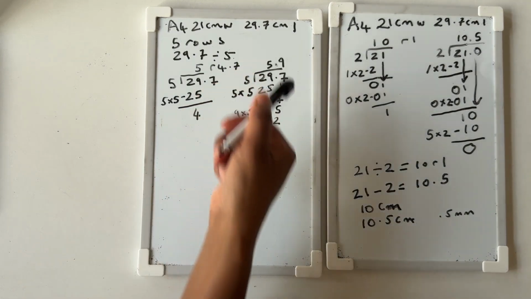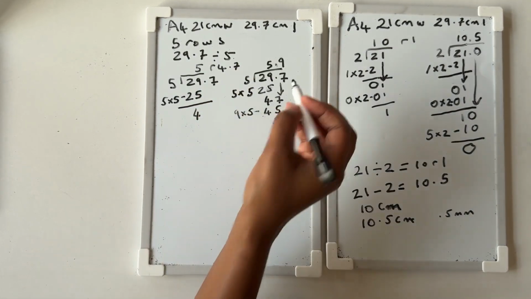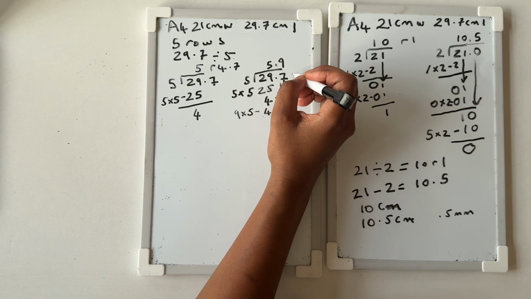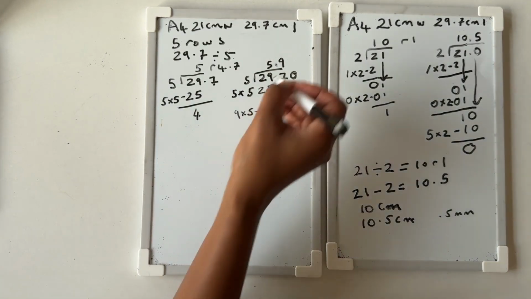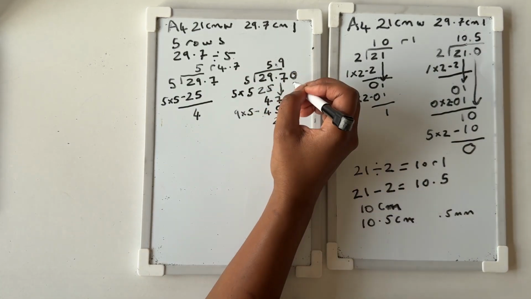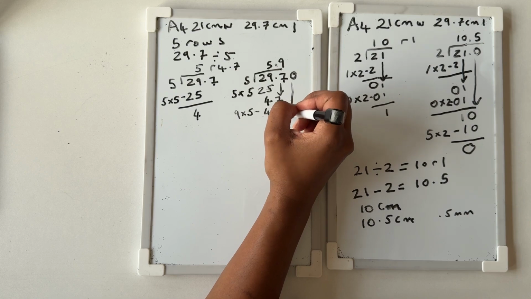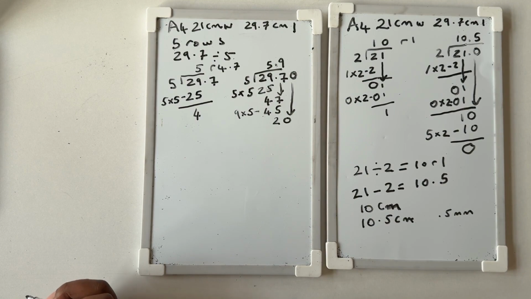Now, we have seemingly nothing left, but we can put a 0 in the place value here. It doesn't change the value of the number, it's still the same value, but it allows us to keep on going. So we're going to bring this 0 down. Does 5 go into 20?